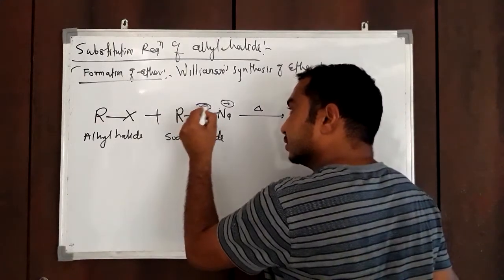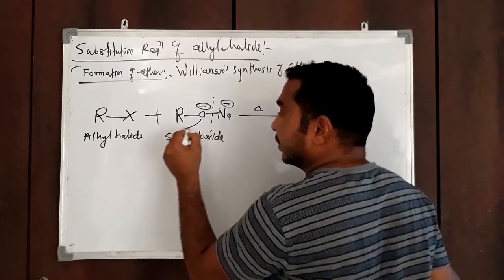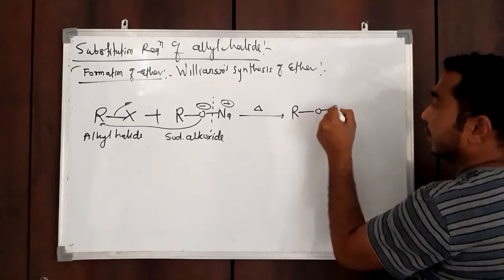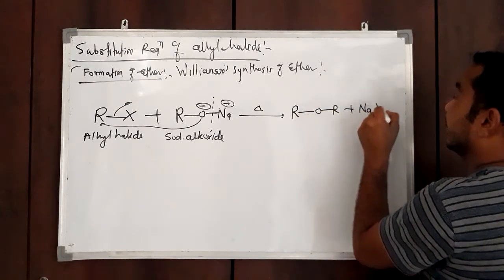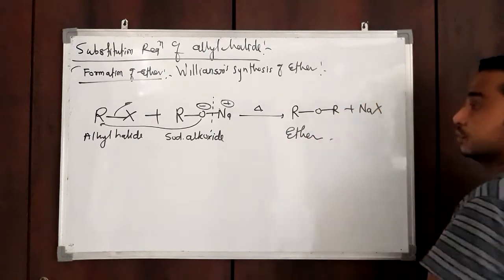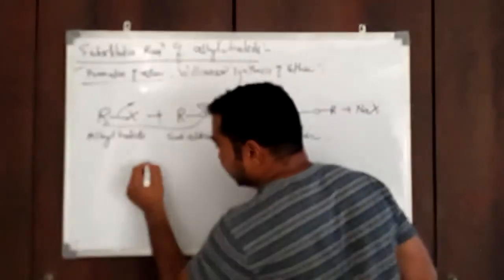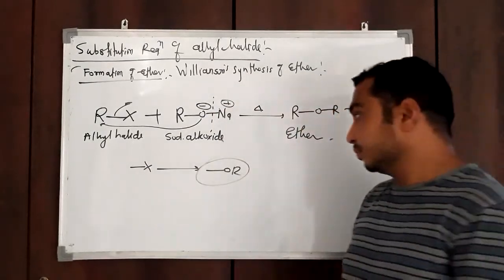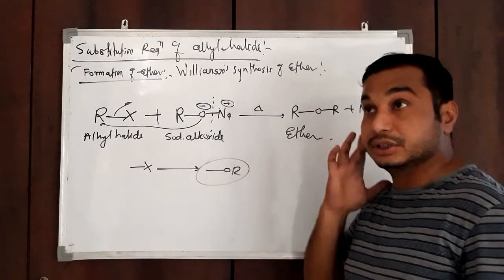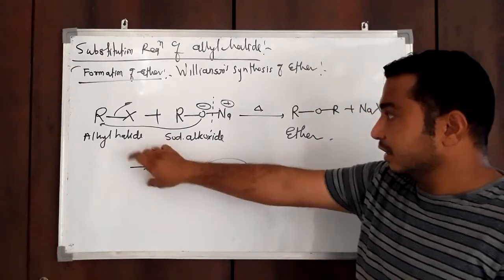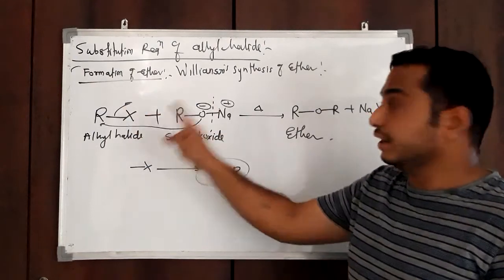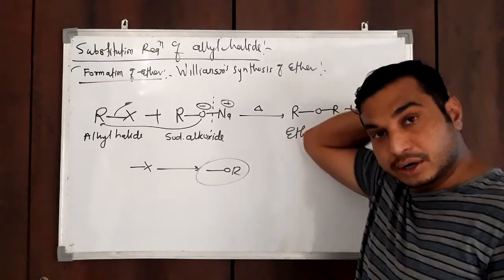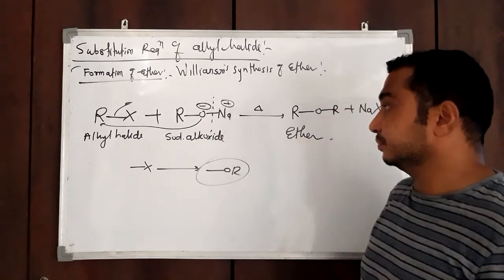This bond will break, O minus replaces X minus, giving OR plus NaX. This is nothing but ether. So in this reaction, X minus gets replaced by the alkoxy group. Alkoxy group is also negative, therefore it is called a nucleophilic substitution reaction.